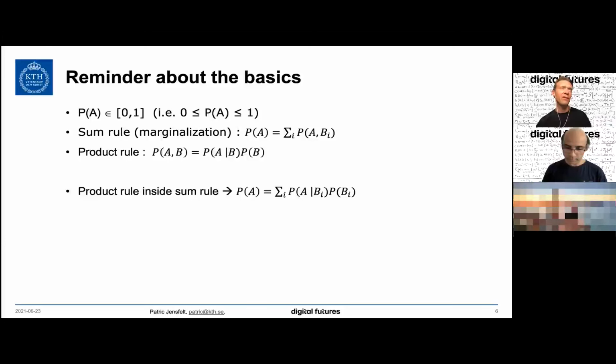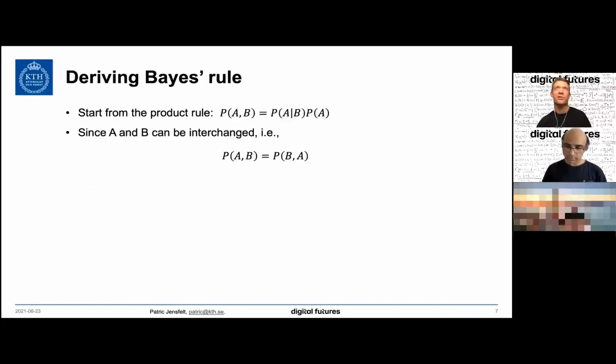So far this is standard stuff you've done in some classes probably, and you've probably also done the next thing, which is to derive Bayes' rule. If you start from the product rule, then there's nothing really special about A and B here, so we can switch the places of those.